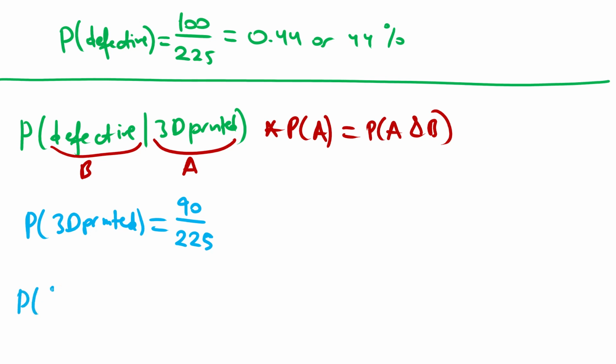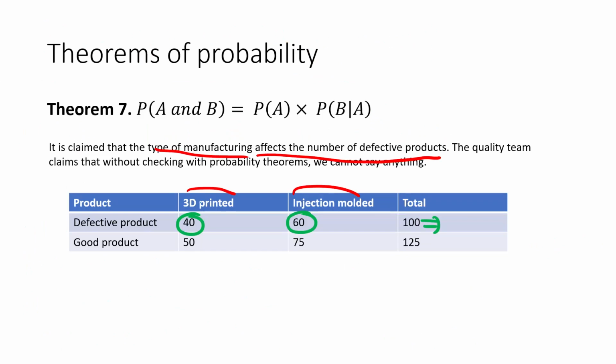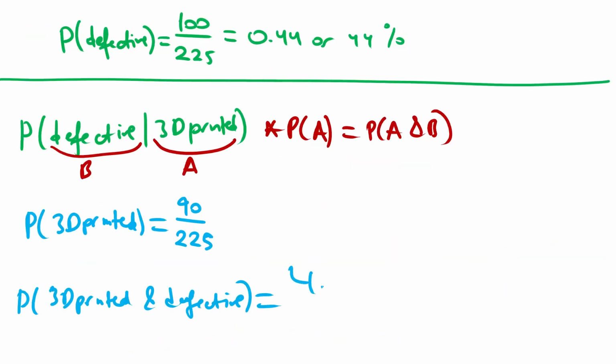And then what is the possibility that something is A and B? A means 3D printed, and B means defective. What's the possibility that something is 3D printed and defective? Being 3D printed and defective is 40. We have just 40 parts, and the total is 225.